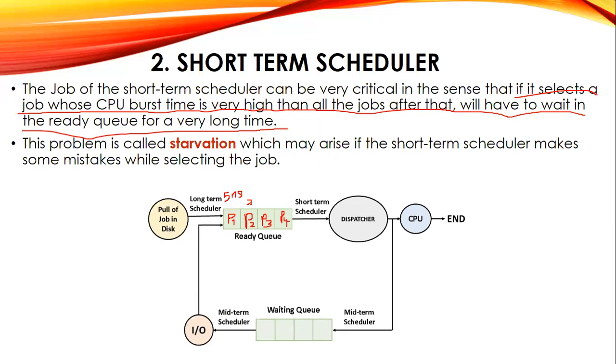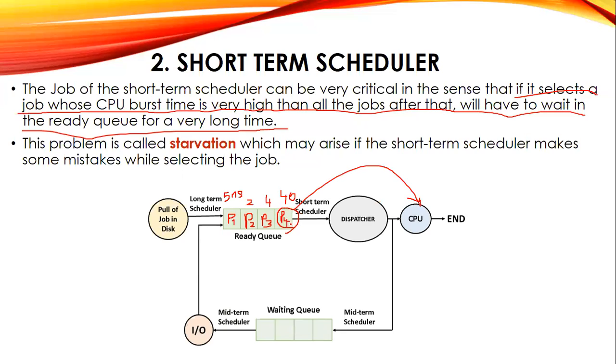P2, let's say 2 nanoseconds, P3, 4 nanoseconds, and P4, 40 nanoseconds. If the short-term scheduler selects this one for execution, what does this mean?